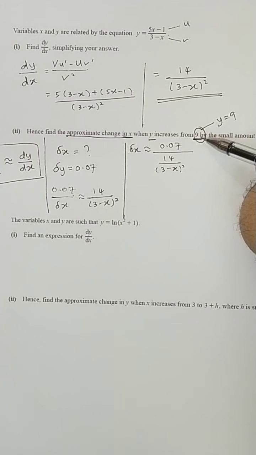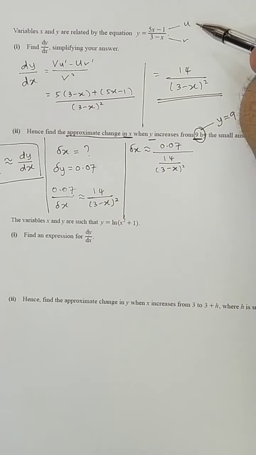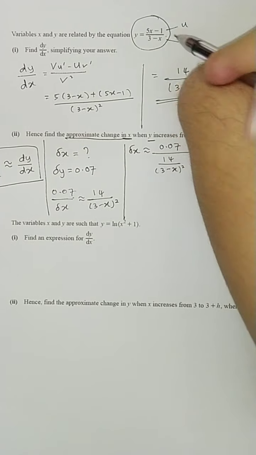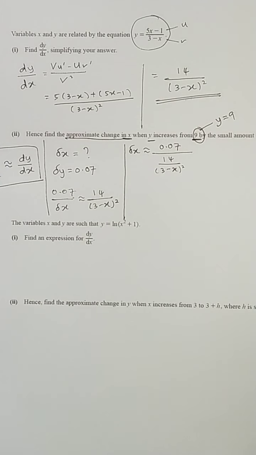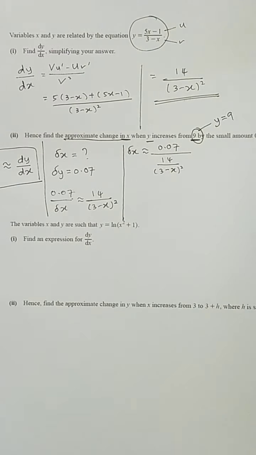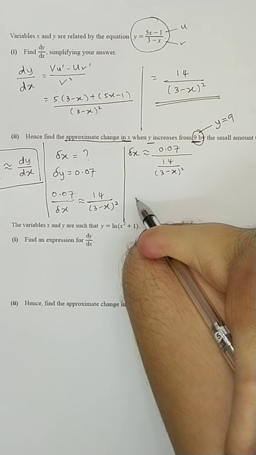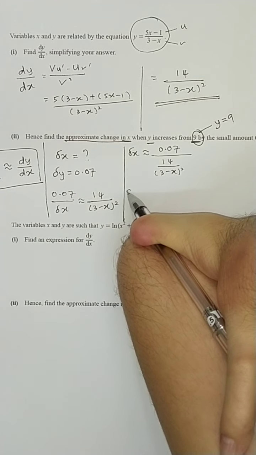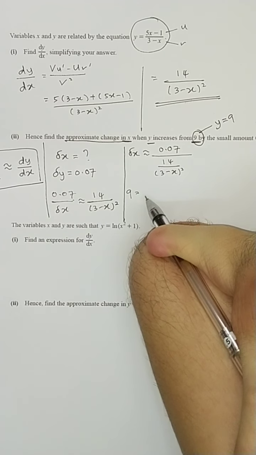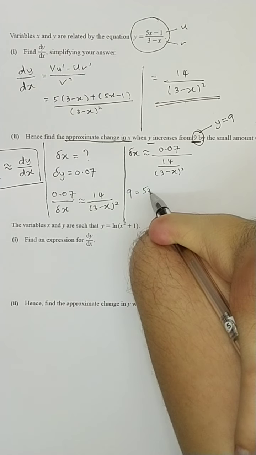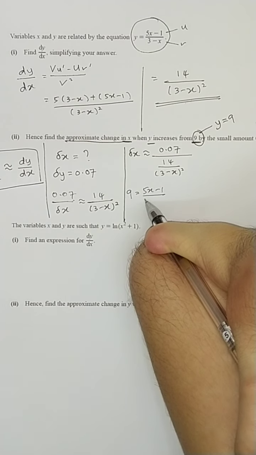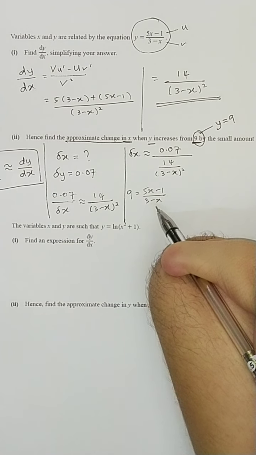We have y. Just take y equal to 9 and substitute inside the original equation, 5x minus 1 over 3 minus x, equal to 9. So this is the way to get the value of x: 9 is equal to 5x minus 1 over 3 minus x.